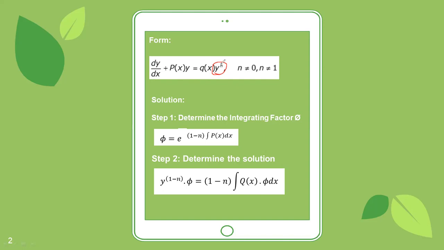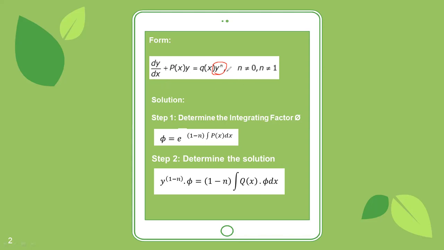Now, if your y is raised to 1, you have a y here and a y here, and the given differential equation is already separable, because you need only to transfer the p of x times y to the right side, then factor out the y. Then you can separate expressions of x and y, group them together with the differentials dy and dx, and that will help you evaluate your differential equation.